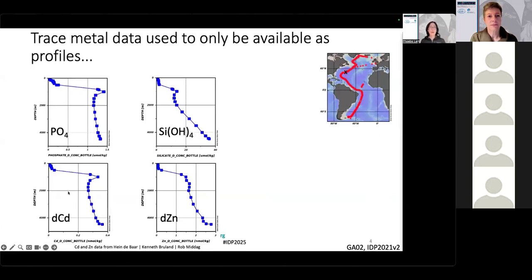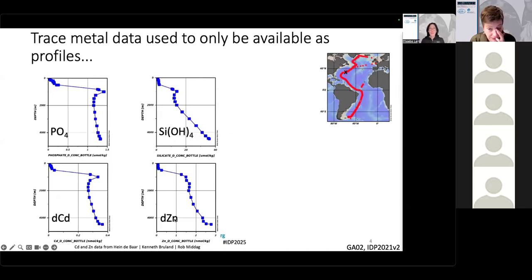the vertical distributions of cadmium and zinc to go along with the distributions of phosphate and silicate, all again from the same station in the North Atlantic. And you could see, maybe not as beautifully as in Ken Bruland's seminal work that first showed this relationship, but you see that cadmium looks more like phosphate than it does like silicate, and zinc looks more like silicate than it does like phosphate.